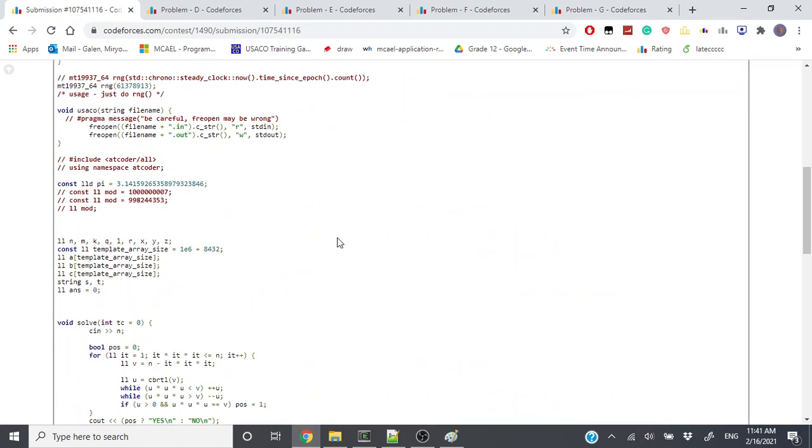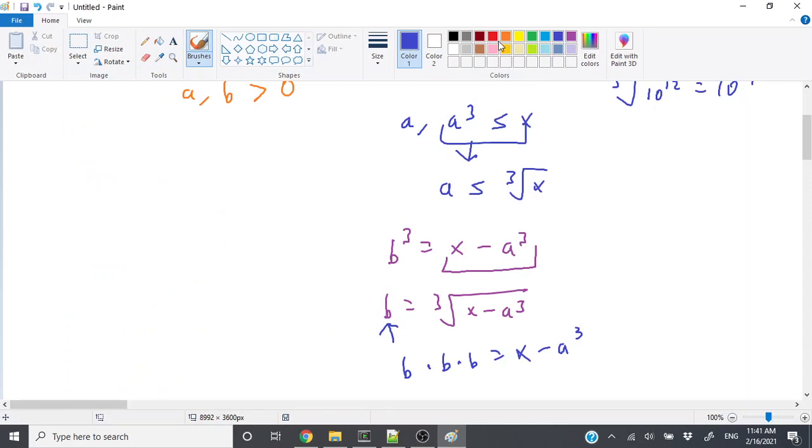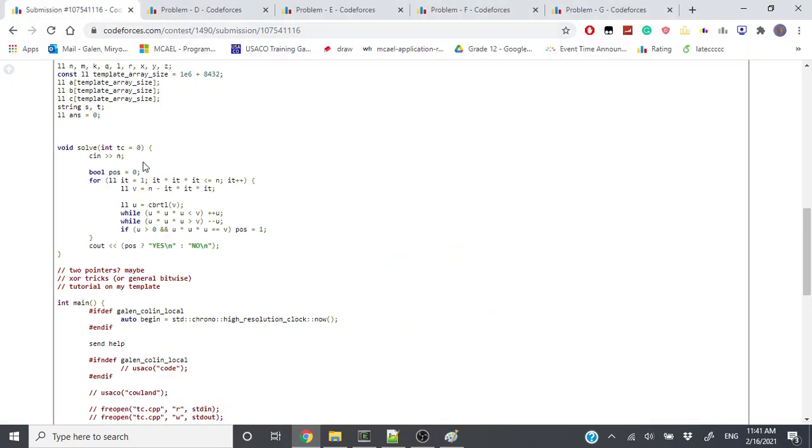So I'm going to iterate over a, and then compute this value, x minus a cubed. And then I take the cube root using the C++ function cbrtl, which basically just does cube root for long double, so it's better precision. And then I'm doing some manual correction here because I don't trust precision errors. It could be off by 1 or 2. So I'm simply manually correcting it so that if it's less than, I'll make it higher than or equal to, and if it's greater than, I'll make it less than or equal to.